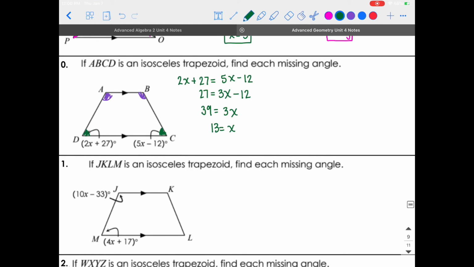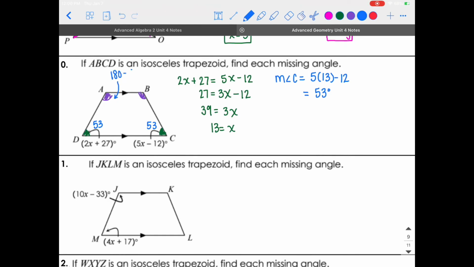Now, all I have to do is really plug in to one of those angles. So the measure of angle C is 5 times 13 minus 12. And that's going to give me 53 degrees. So if C is 53, it's super easy to find D because they're the same.